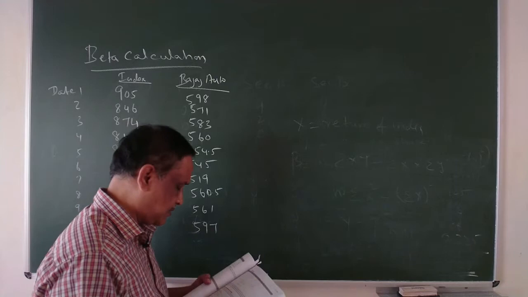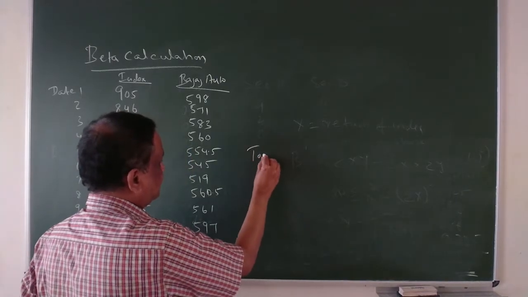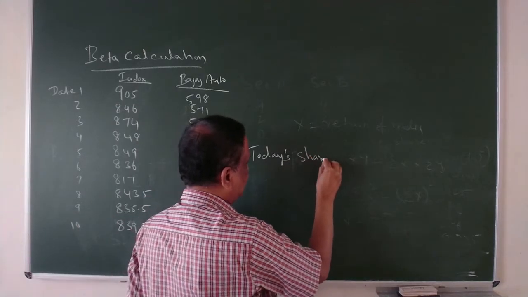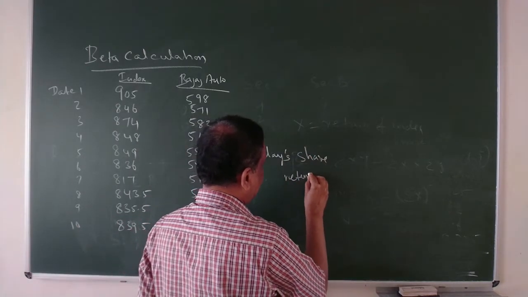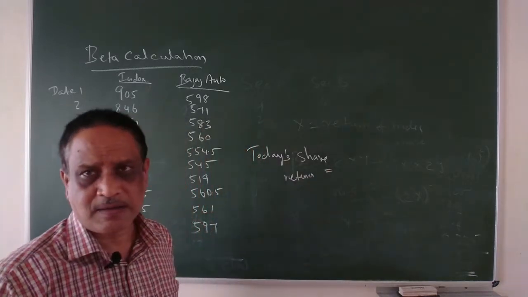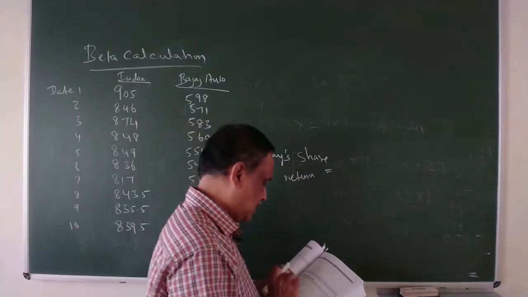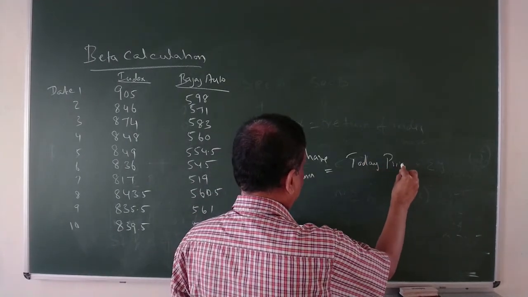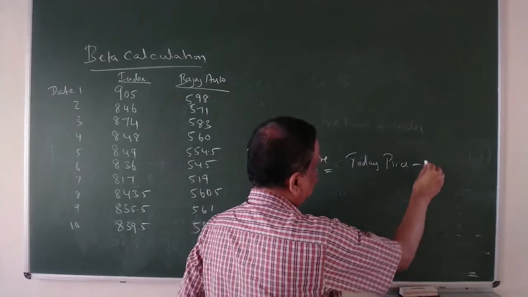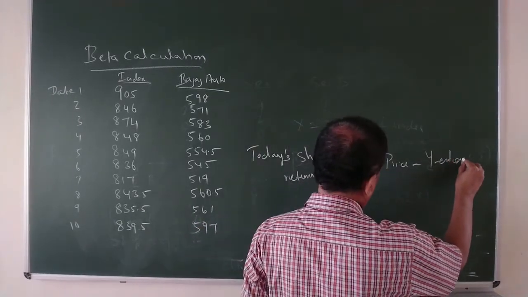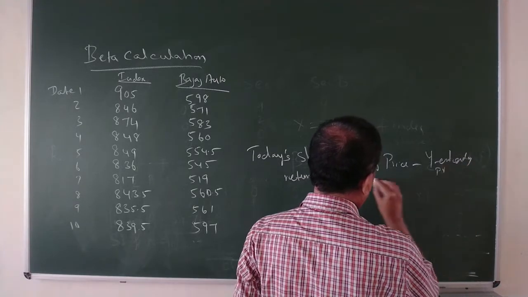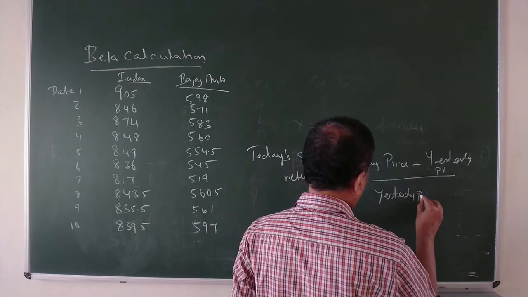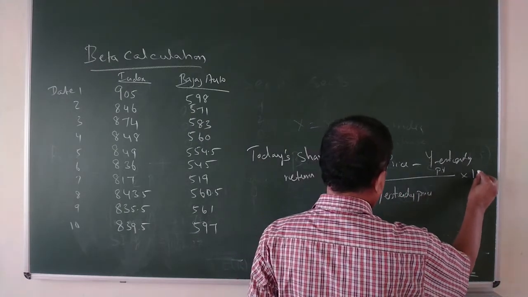Okay, you can use this, today's share return. So, you can take it as share return or index return, whatever. That will be today's price minus yesterday's price divided by yesterday's price into 100.